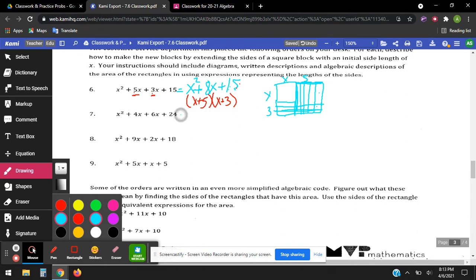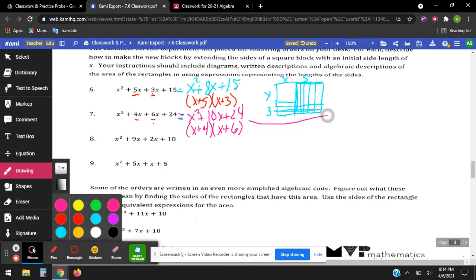Let's do this guy in purple since we're kind of getting crowded. I have 4 and I have 6. So first I'm going to do x squared plus 10x plus 24. Well, I need to have two numbers that add to get 10, multiply to get 24. 4 and 6 added to get 10, 4 and 6 multiply to get 24.